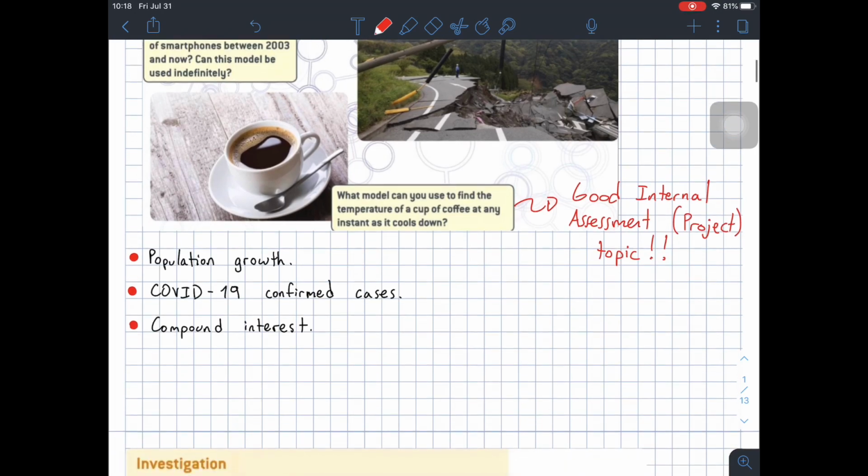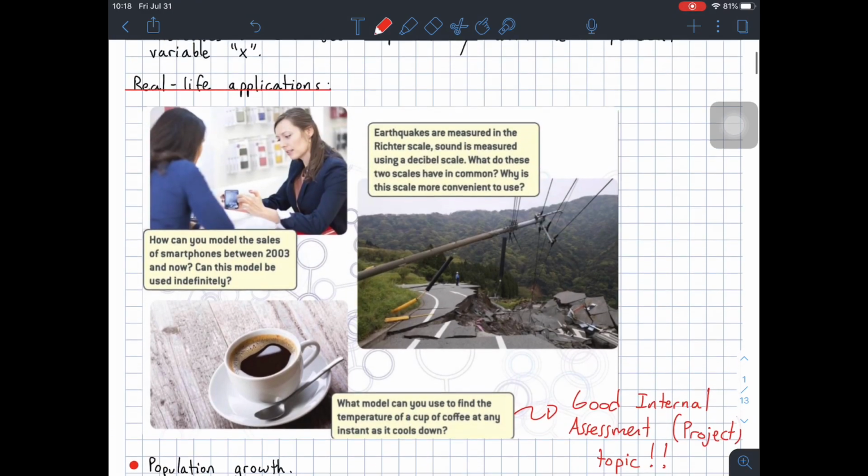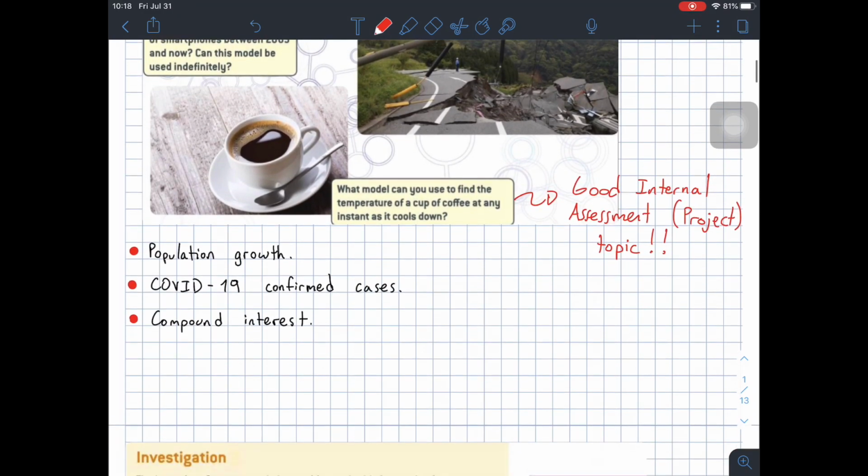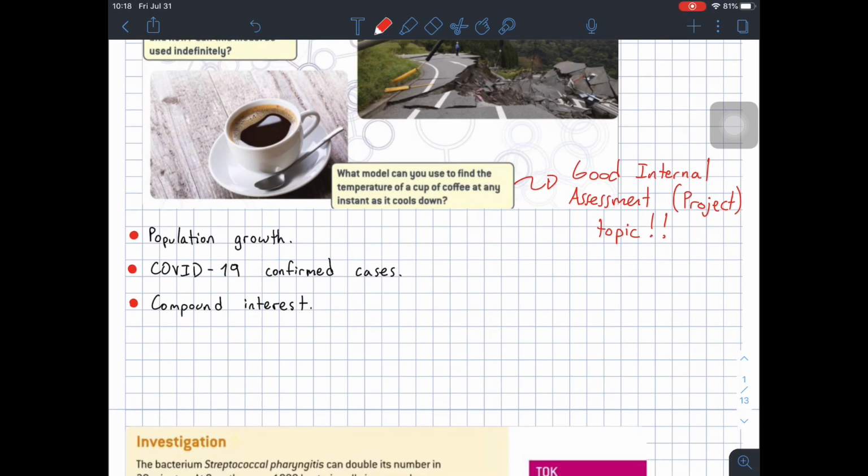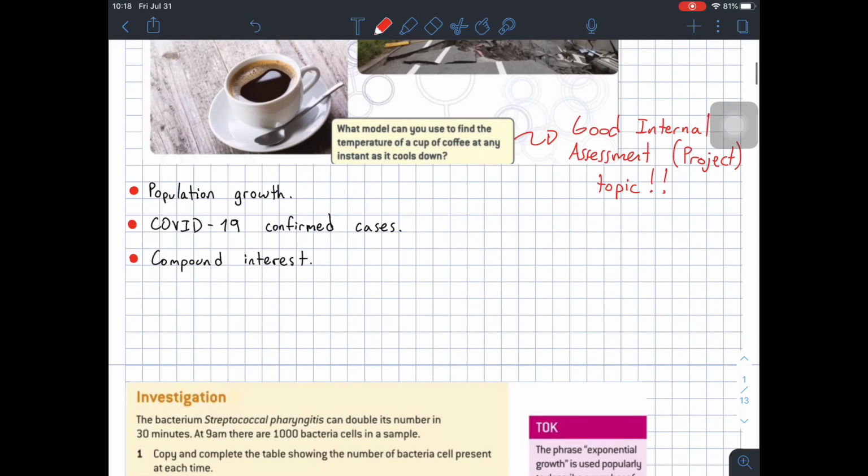Okay, other examples about exponential applications. For example, population growth. You know that the population increases exponentially, especially if we're talking about, for example, bacteria. When you study that in biology, how bacteria reproduces simulates an exponential function, right?